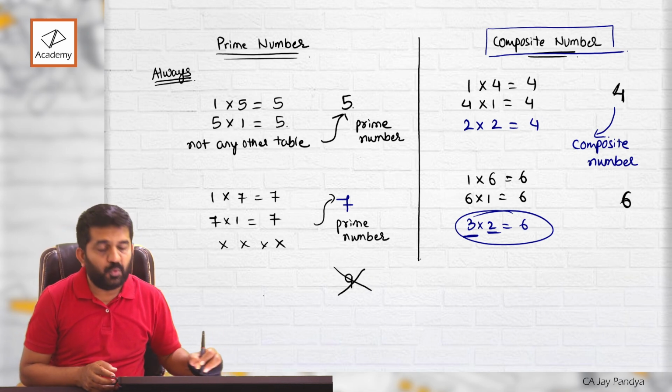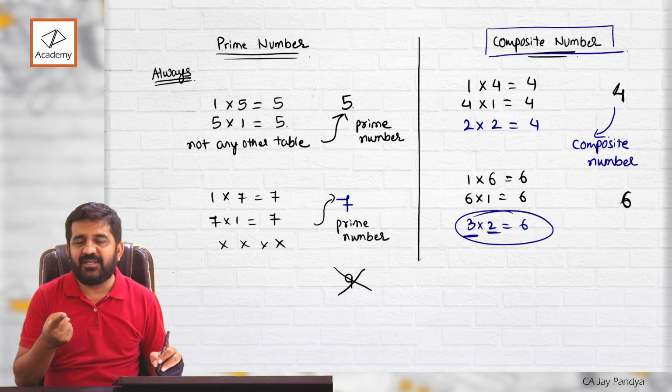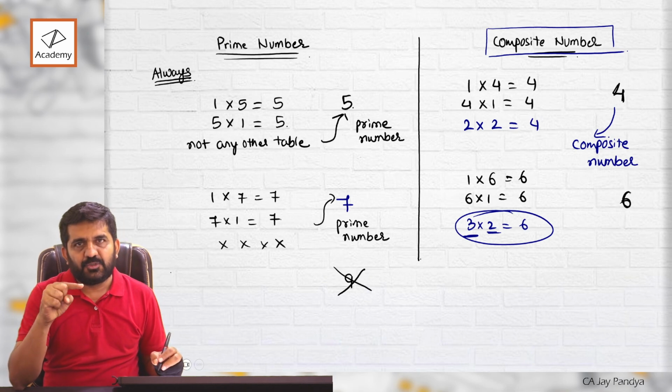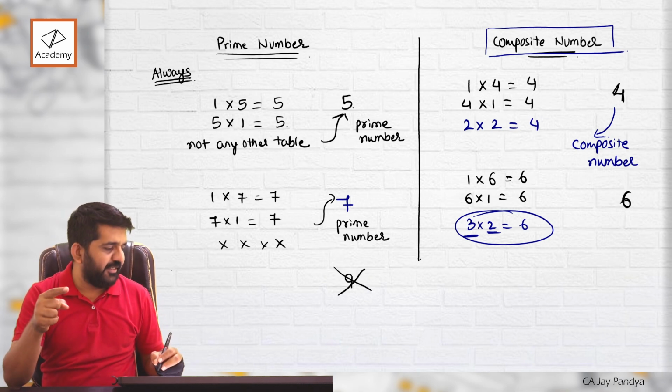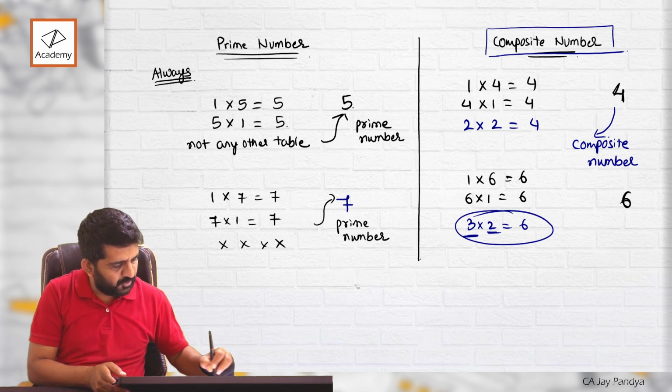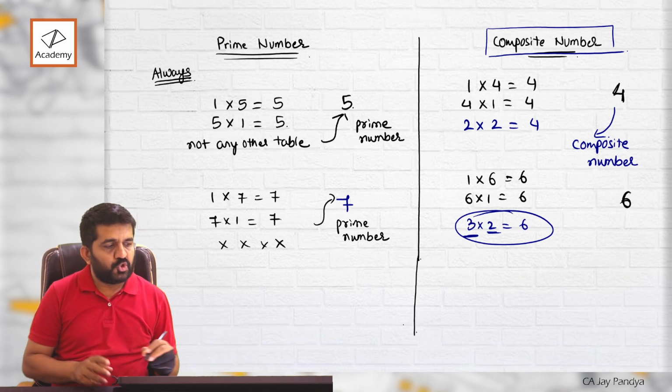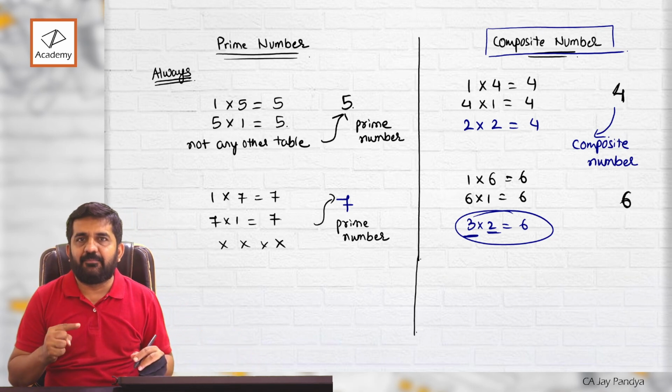Similarly, 9, no. 9 is a composite number, right? 1 9 is 9, 3 3s are 9. So it is coming in the table of 3, right? Then it is a composite number, right? So the difference between prime and composite should be absolutely clear.